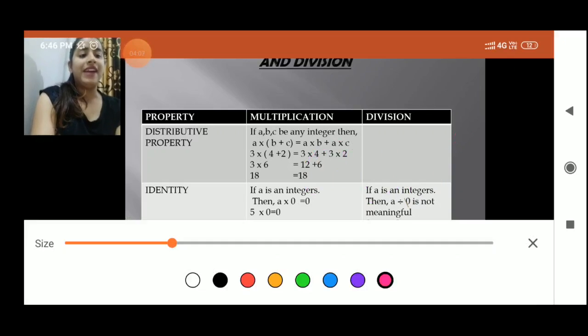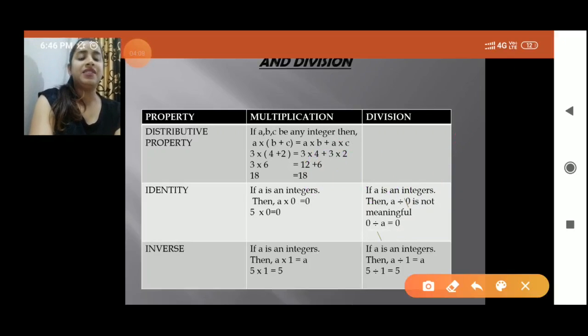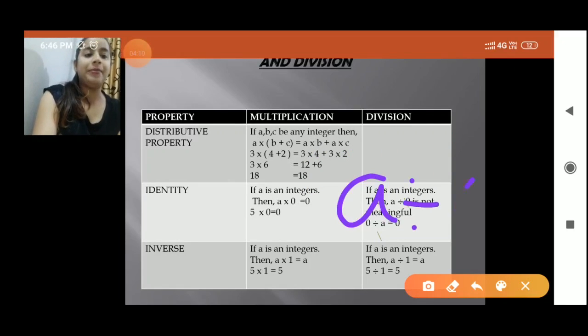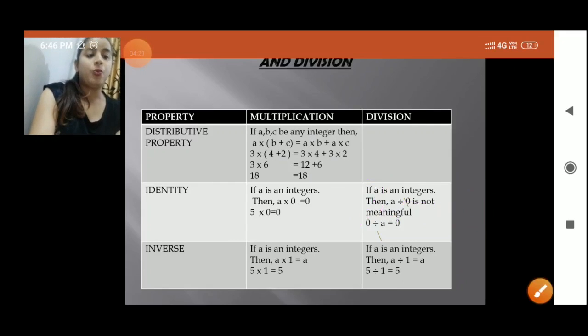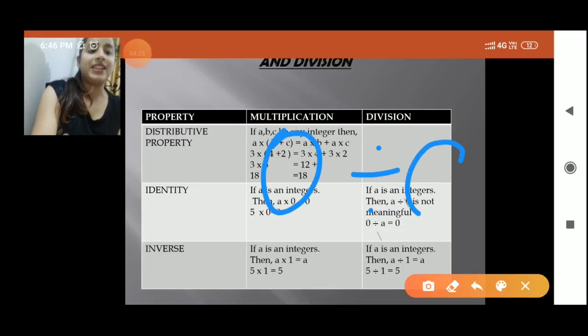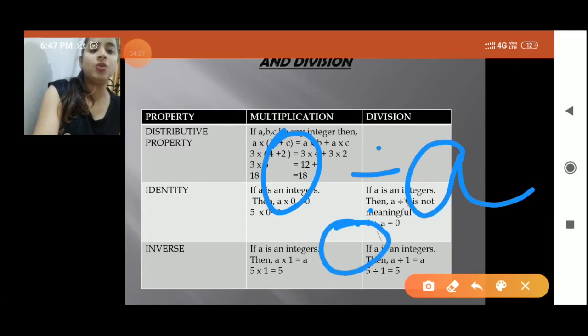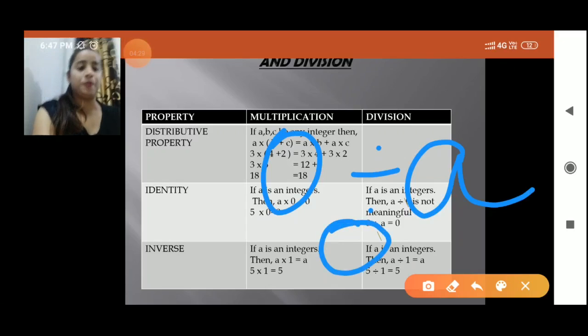But when we divide any number with 0, it's a meaningless thing. A divided by 0 is not possible. But when you divide 0 with a, you will get the value 0.